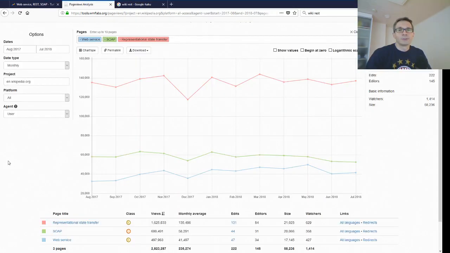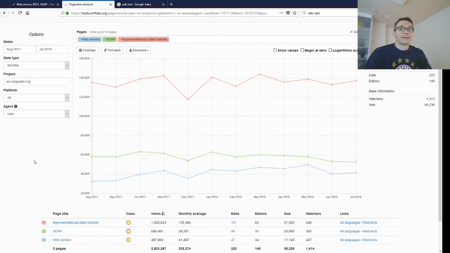Another possible source for trend mining is Wikipedia page views. This page shows that web service, the general term, has the least views when compared to SOAP and REST protocols. From the figure we can also see that REST is clearly the most popular.